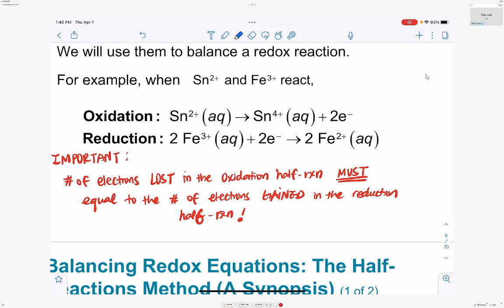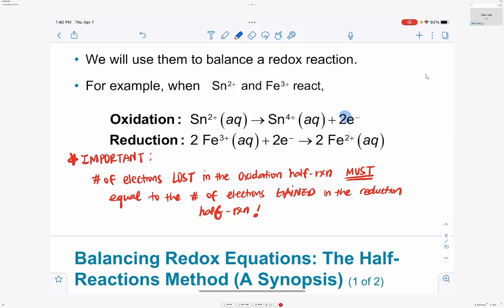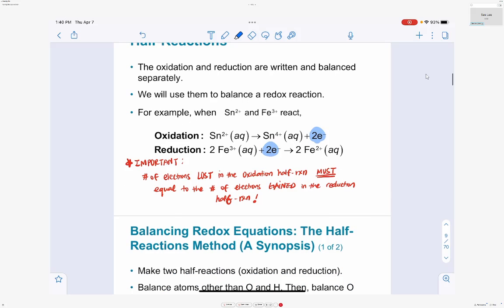As you can see in this reaction, tin has lost 2 electrons, iron has gained the exact same number of electrons.